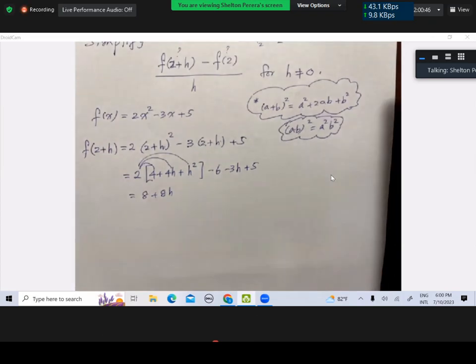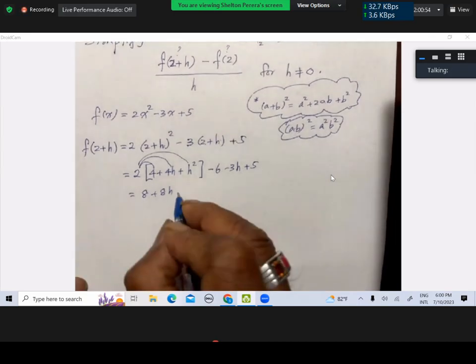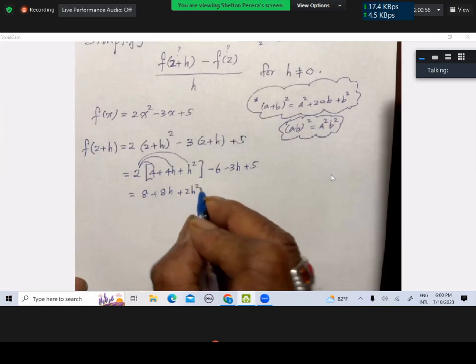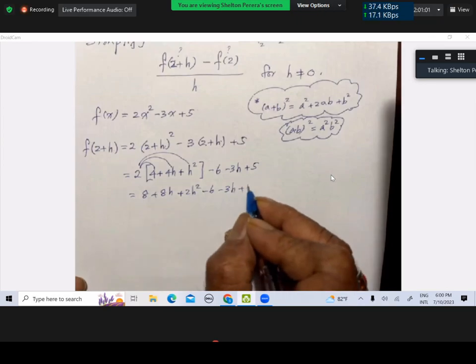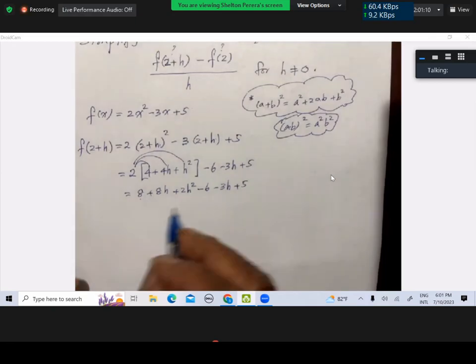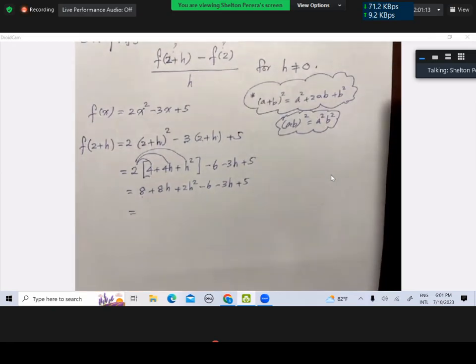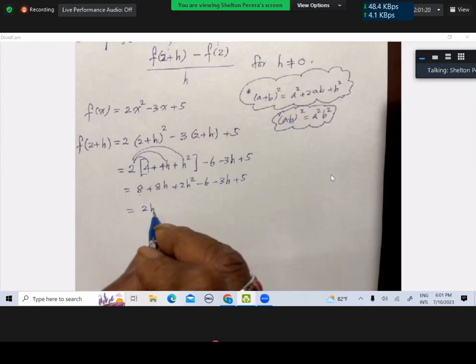You have to multiply each term by 2. 8, first one, 8h plus 2h squared. Minus 6 minus 3h plus 5. What do we get? First, we write in the decreasing order of powers. What is the square term? 2h squared.